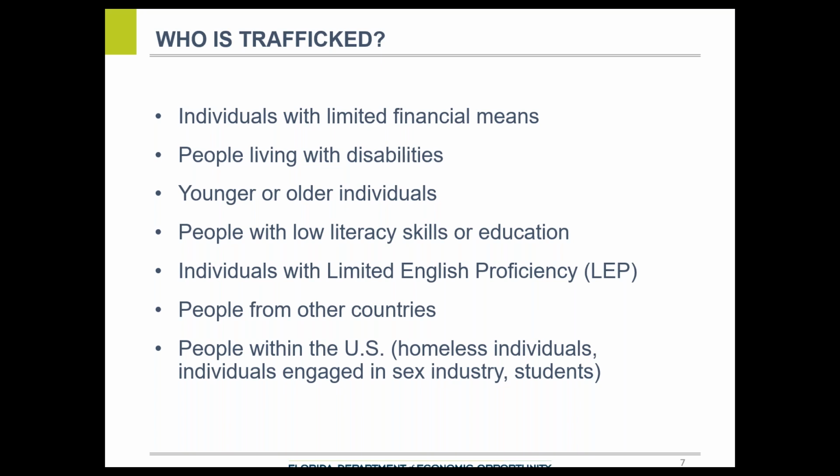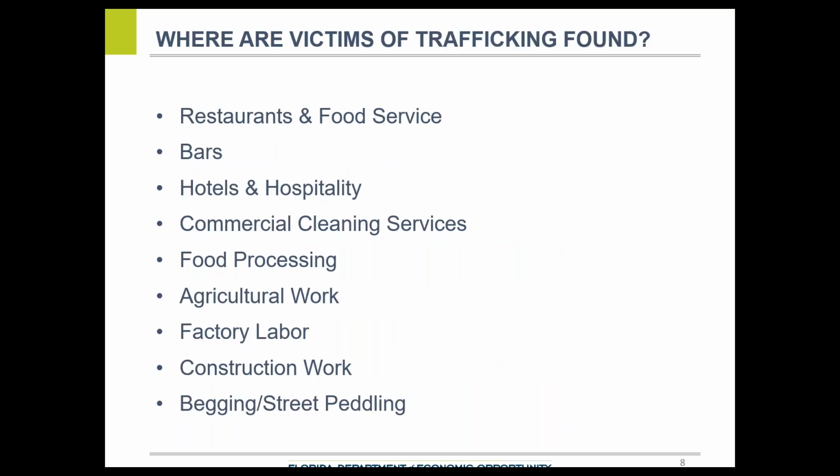Further, they may not realize they are victims or that they have rights under U.S. law. We can also have people within the U.S., for example, homeless individuals, individuals engaged in the sex industry, as well as students.